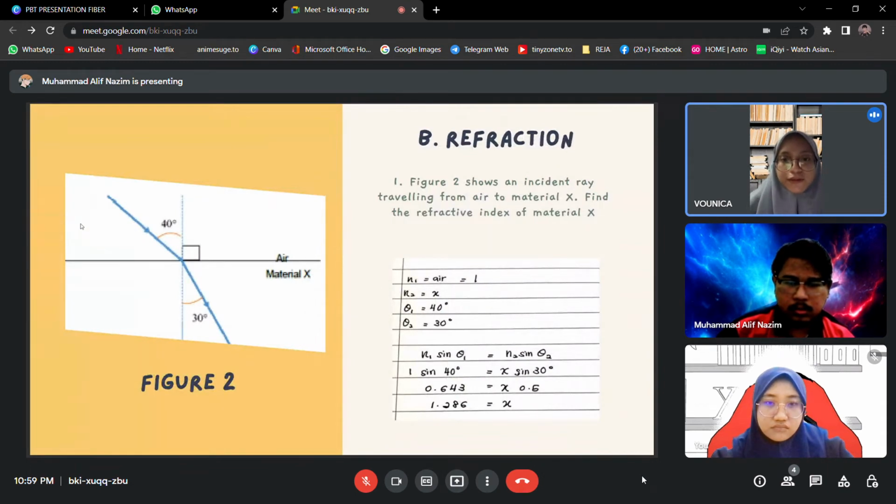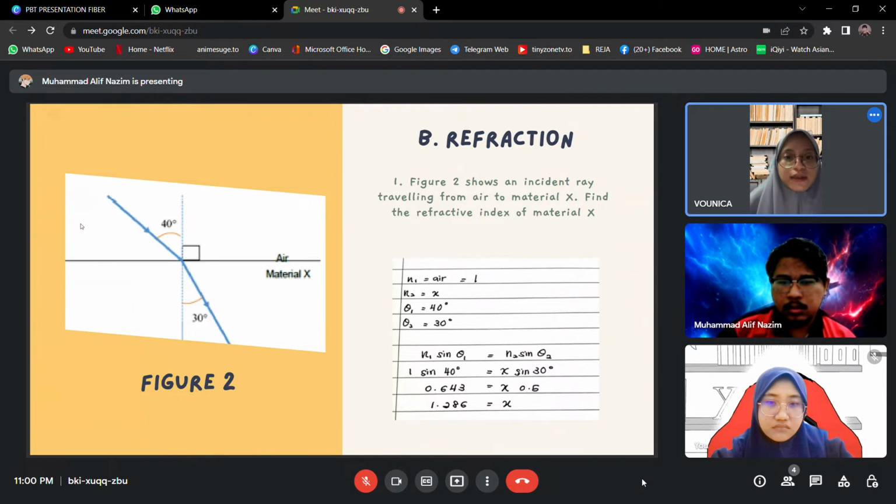So B is refraction. Figure 2 shows an incident ray traveling from air to material X. Find the refractive index of material X. For this question, we use the same formula, N1 sin theta 1 equals N2 sin theta 2. N1 is air, the index of incidence, which is 1.00.